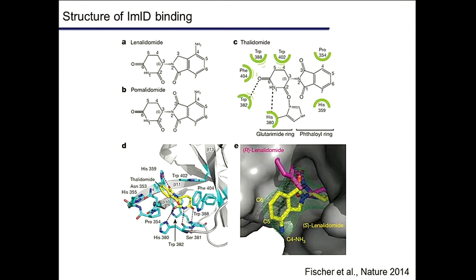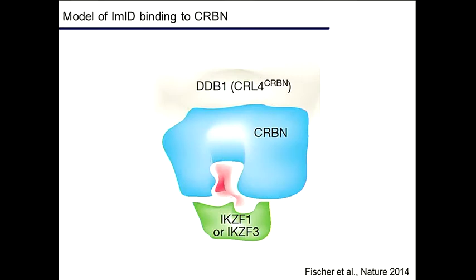And that part of the molecule is solvent exposed. It sits outside the molecule, exposing itself. And what turns out to be the case is where it's exposed is right where the substrates are binding. So you've got a drug that sits within cereblon and binds very specifically, but it actually alters the surface of this protein-protein interaction. And that makes a lot of sense to me.